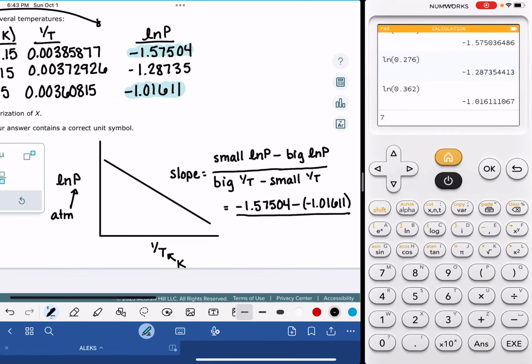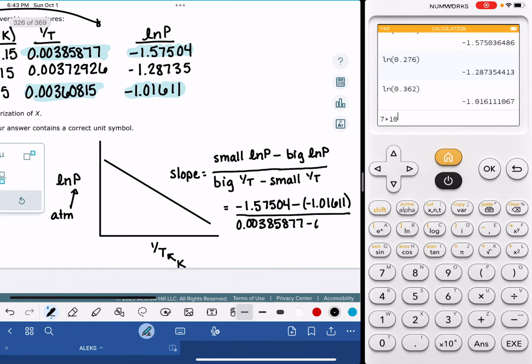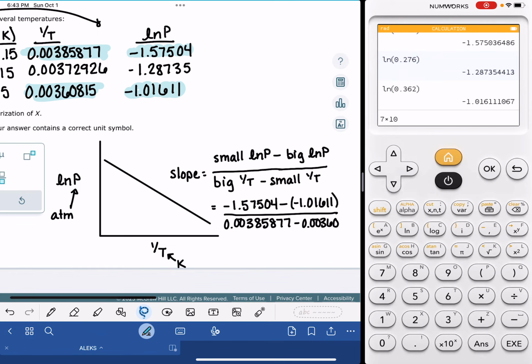And I'm going to divide that by my largest temperature, which is this first one, and my smallest temperature, which is this one. My largest temperature is 0.00385877 minus 0.00360815, totally running out of room.